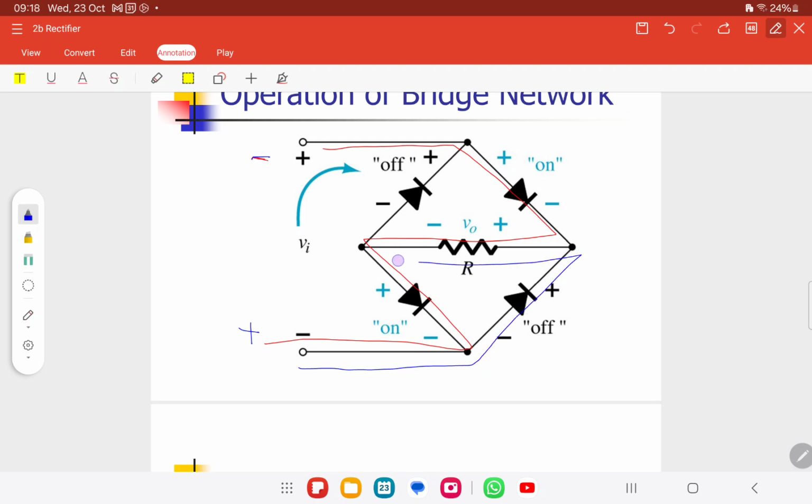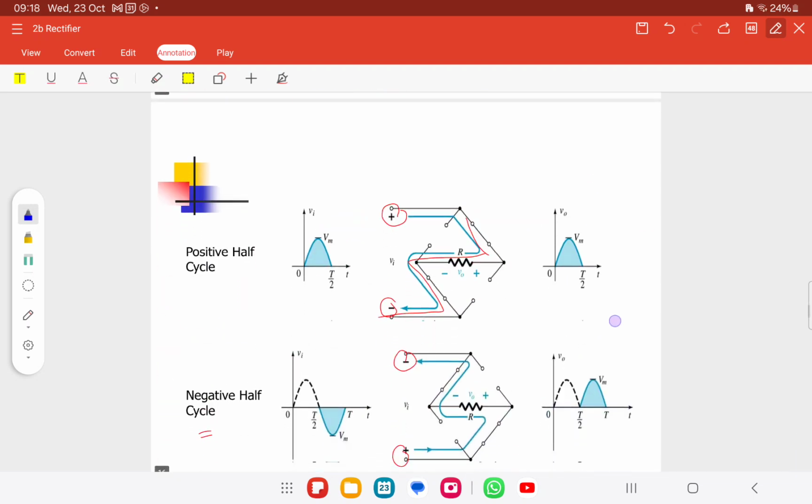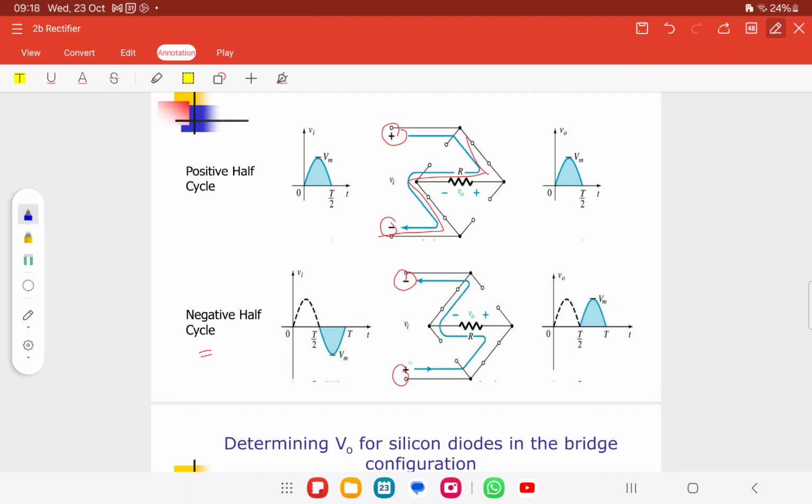Then goes here, keluar kat sini. Nampak tak? Dia tukar kan? Tapi dia still lalu kat resistor yang tengah tu. So dia lalu yang ni, pergi diode ni, goes here, goes the second diode and then out. So for the first positive half cycle, dia akan ambil yang cycle atas. For the second one, dia ambil yang cycle bawah. So dia akan jadi rectify naik atas lah.